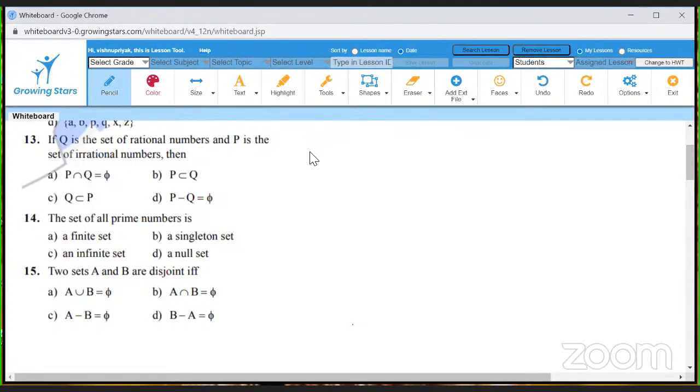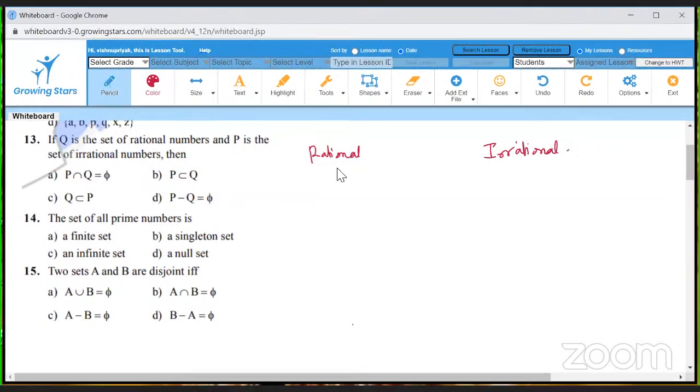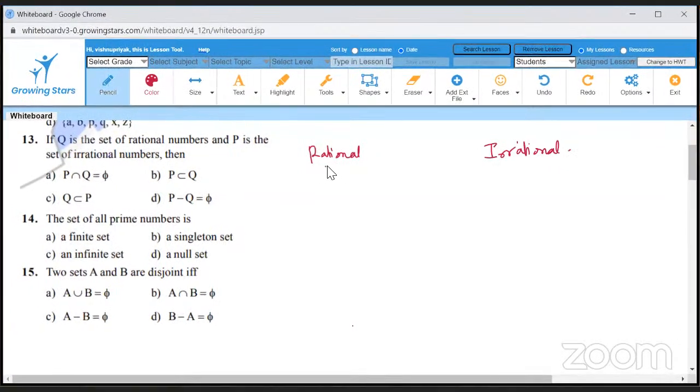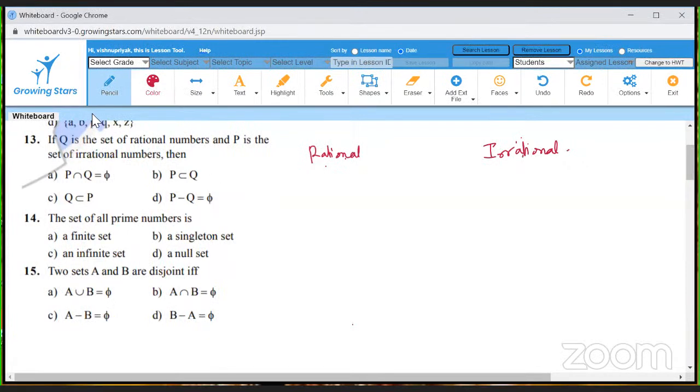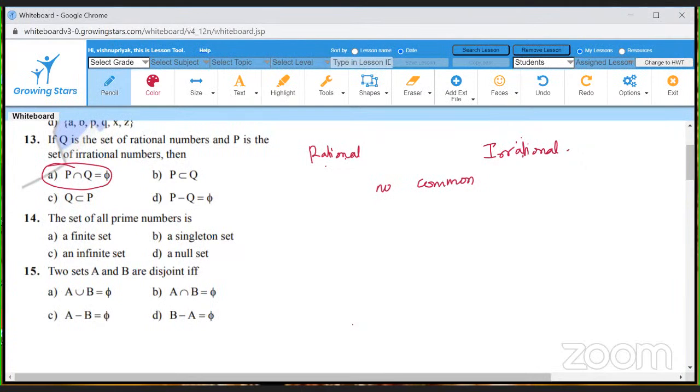Yes, rational numbers and irrational numbers are separate sets. Rational numbers are not irrational. Irrational numbers are not rational. Nothing common in them. That's why the intersection will give you the empty set.